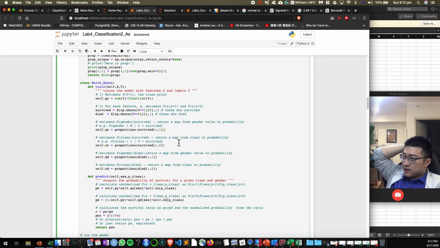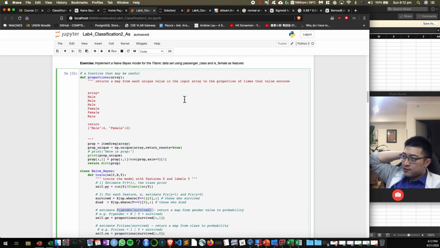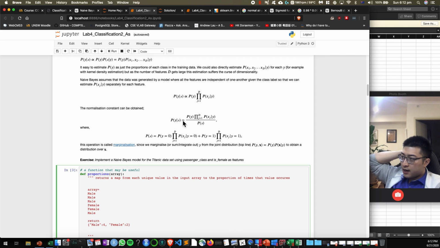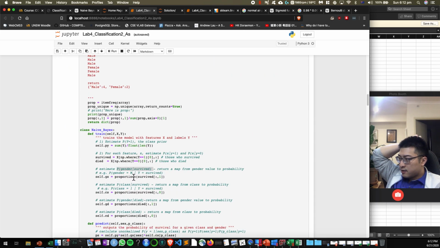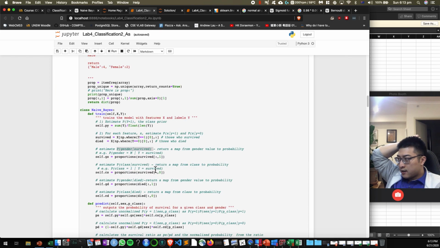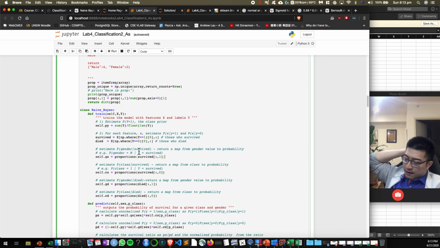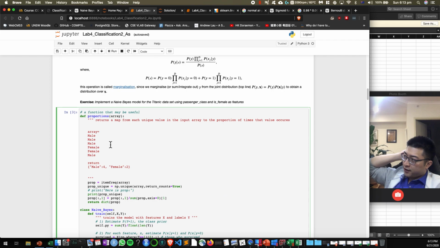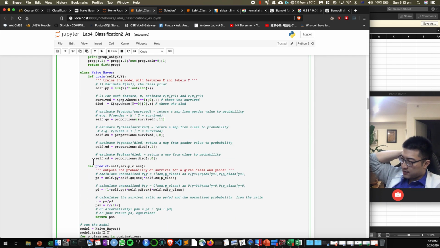And this is it. So remember from our naive Bayes, we need this. We've got our class prior here. Now we need the probability of x given y. But there's two x's here, because we have two features that we care for: the class and the gender.